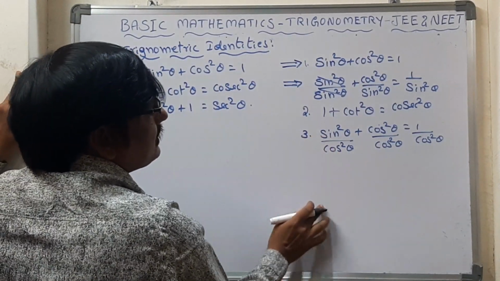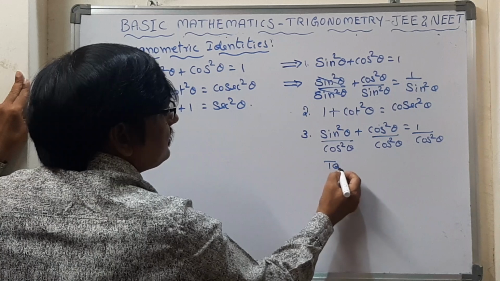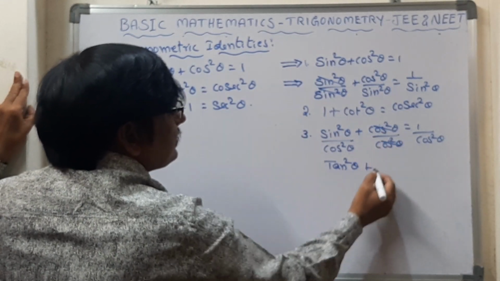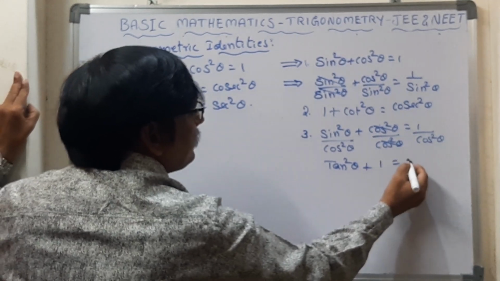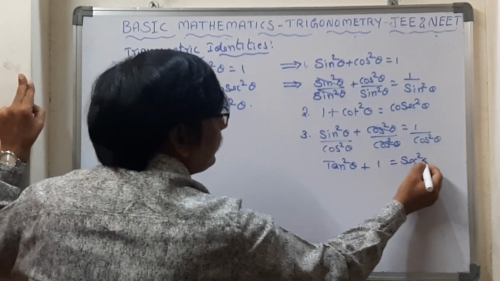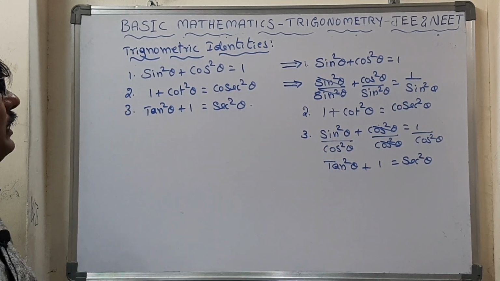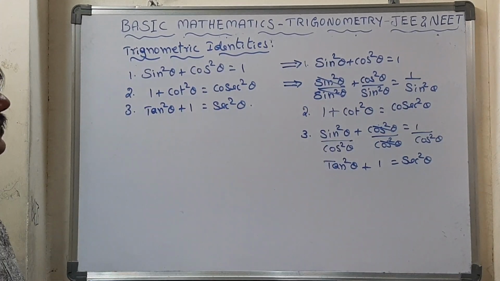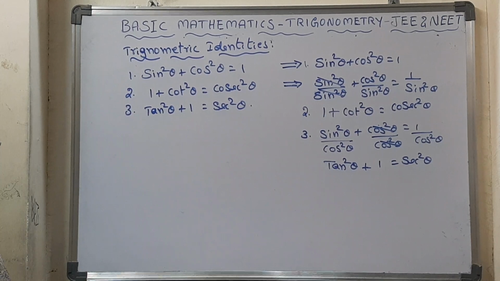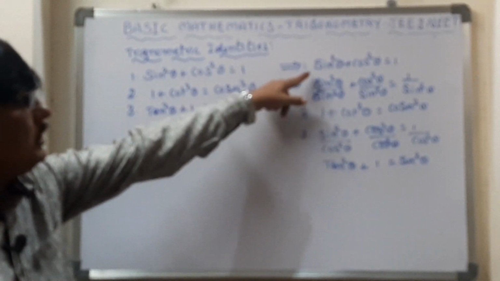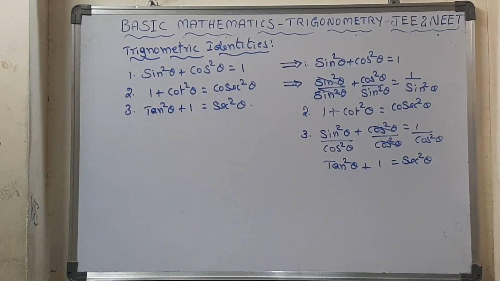Sin square theta by cos square theta, we know, is tan square theta, plus 1, and that is equal to secant square theta. Got it? In this way we can easily memorize all these formulas. Trigonometric identities can be kept in mind by remembering only one; the remaining all you can derive from that.